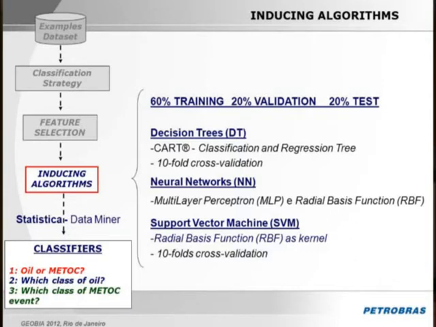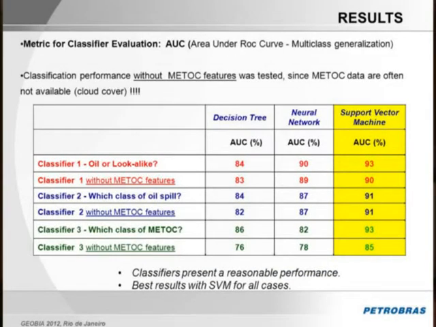Here we have a summary. The metric used for classifier evaluation was the area under the ROC curve. Classification performance without meteo-oceanographic features was also tested, since meteo-oceanographic data are often not available because of the frequent cloud cover we have in the area.